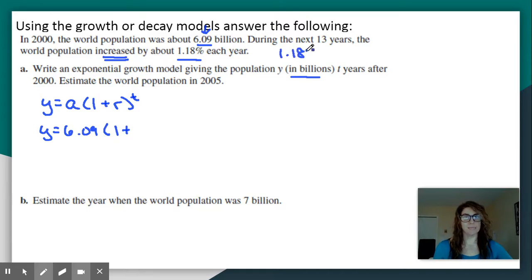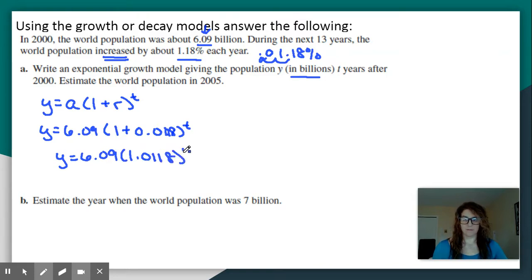So now 1.8%, we're going to move that decimal place 2 over. So it becomes 0.018, to the t. Okay, you're going to add it together, clean it up. And there's your growth model.